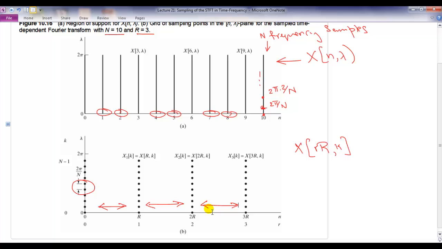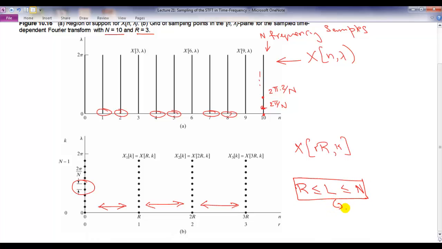But you don't want to use too small of a capital N because then you can't get a good sense of what the underlying Fourier transform looks like. So in general, what you want to do is satisfy this constraint: R is less than or equal to L is less than or equal to N, where L is the length of the window.